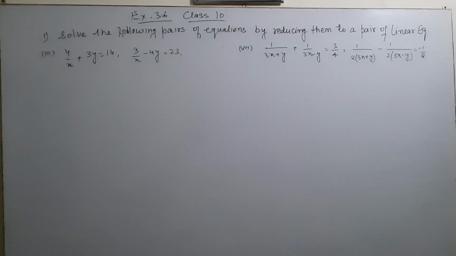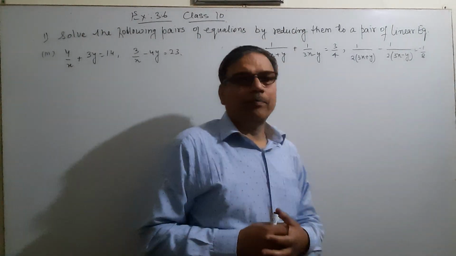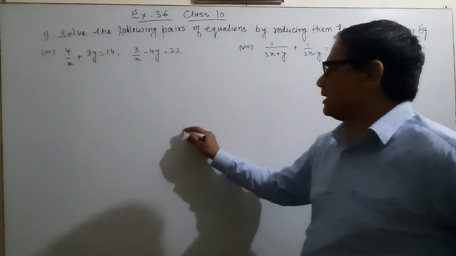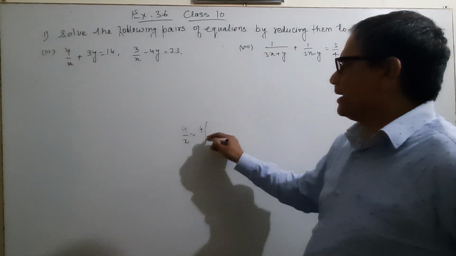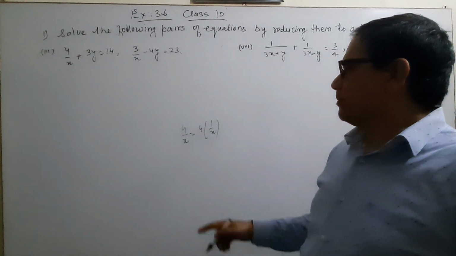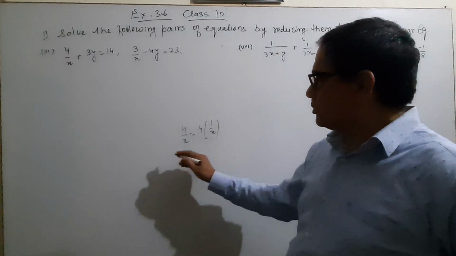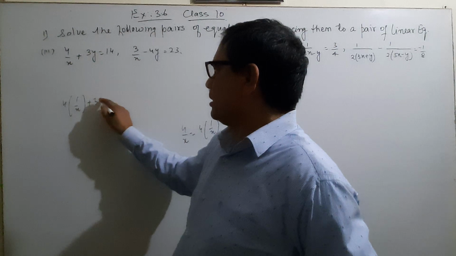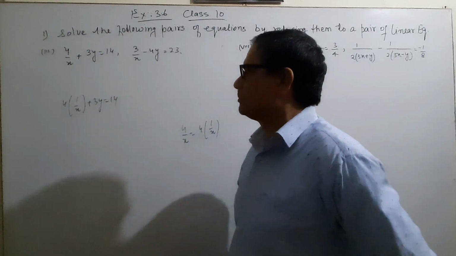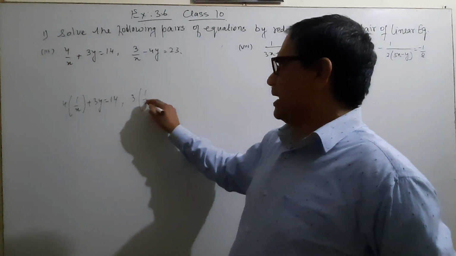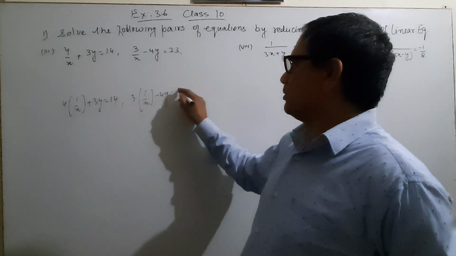And part third. In the third part, either you have to solve 4 upon x as 4 bracket 1 by x, and this will be the same. So 4 bracket 1 by x plus 3y is equal to 14, and similarly 3 by x minus 4y is equal to 23.